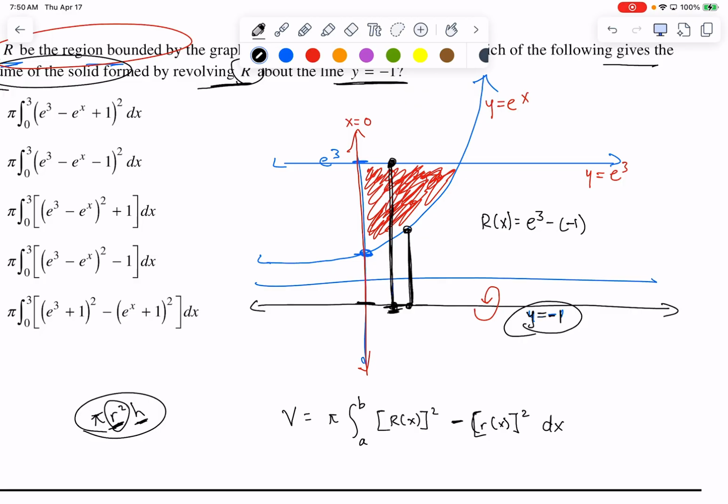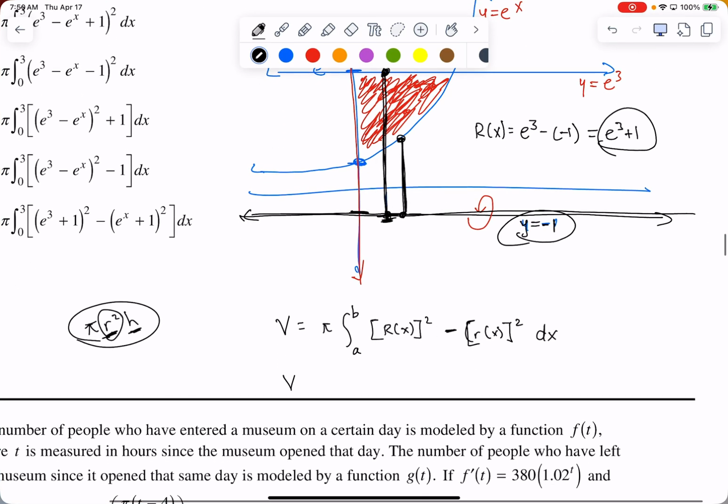Negative 1. We're measuring to this thing we're rotating around. See it? So that ends up being e to the third plus 1. That's your outer radius. So here we go. The volume is equal to pi times a definite integral from a to b. We'll get to that part in a minute. We're going to have e to the third plus 1 squared.